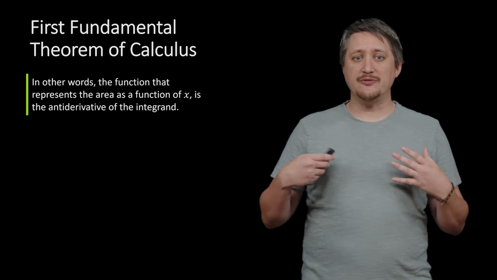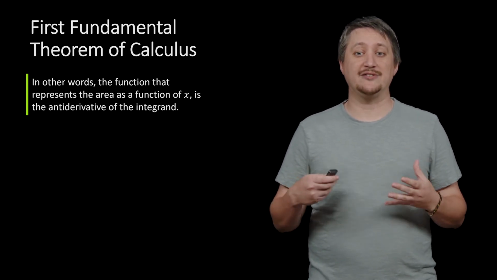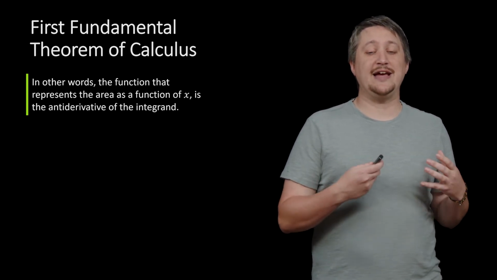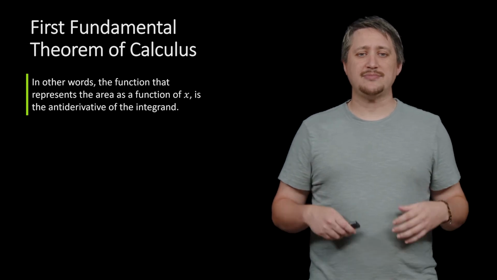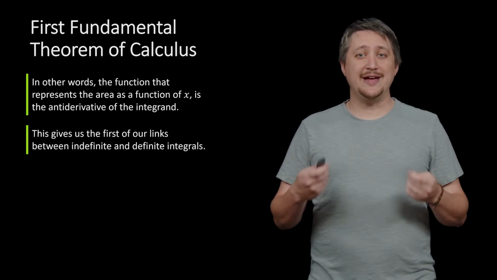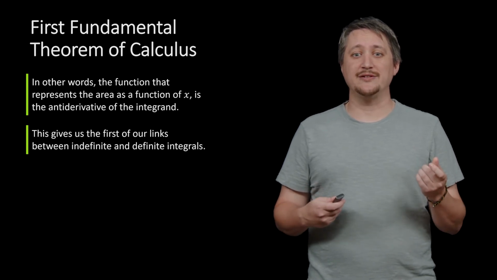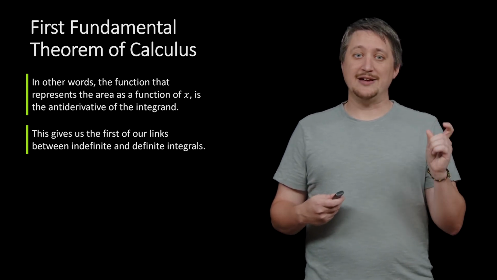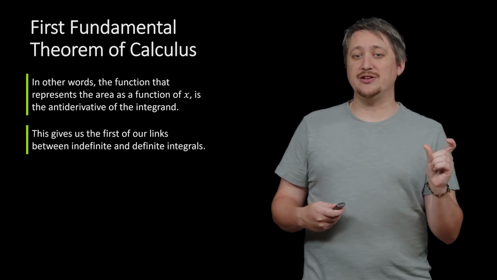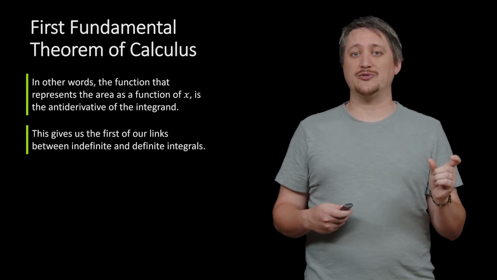In other words, the function that represents the area as a function of x is the antiderivative of the integrand, which means that we now have a link between definite integrals and indefinite integrals, right? Because if I reverse the integrand, the part inside, and get an antiderivative, that's what the indefinite integral is supposed to represent.